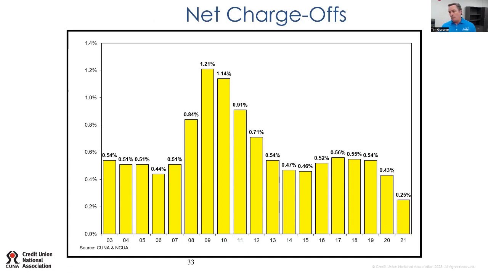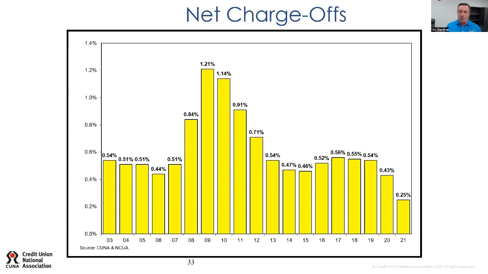As you can see, net charge-off ratios came way down in 2021, and that would be something we would want to hone in on. Just like if we saw a trend like we saw back in 2008, 2009, 2010, we would want to make sure we explain that trend as well. Why did that happen? We were foreclosing on homes, because during the Great Recession people were holding multiple mortgages with the intention of flipping them.